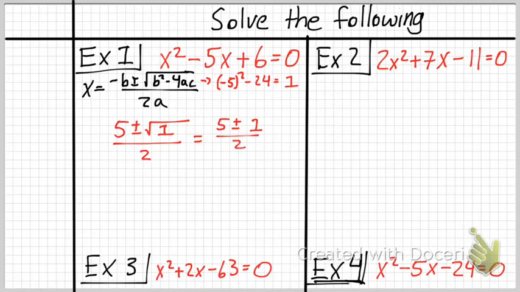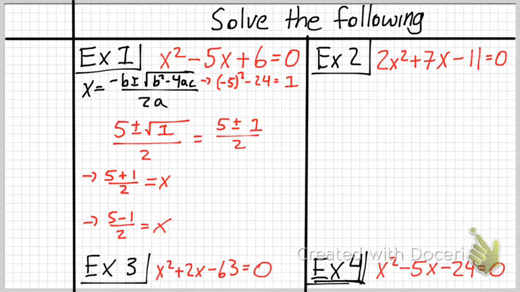All right, and then let's remember, whenever I have a plus or minus sign, I need to break this down into 2 pieces. So I need to look at this as 5 plus 1 divided by 2 is equal to x, or I have 5 minus 1 over 2 is equal to x. All right, so in each of these situations, I want to go ahead and solve.